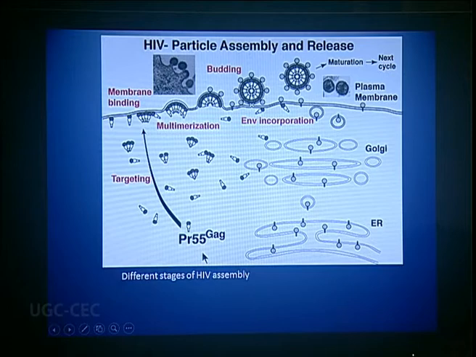So early expressed genes do produce some specific precursor molecules, like the GAG precursor PR55 is one of them. And this will actually target specific areas of the membrane, and this membrane area will show multimerization, and thereby as it multimerizes it will produce the bud, it will bulge out.